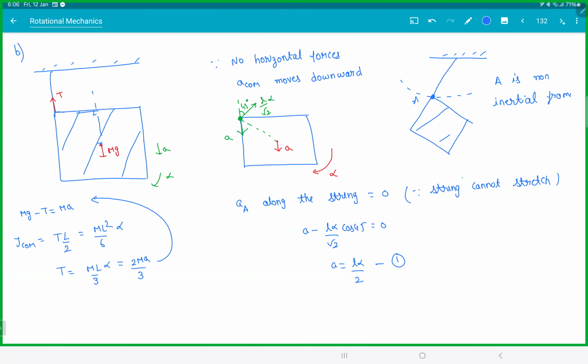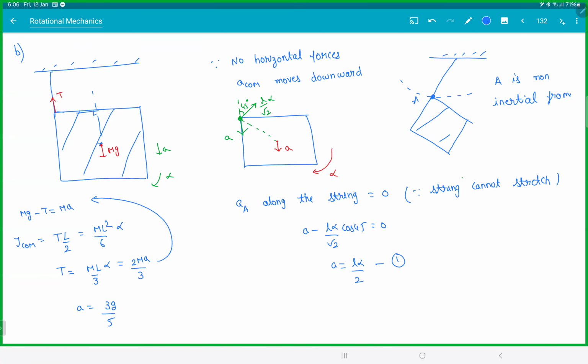Let's take this and substitute here. So A would be 3g by 5. Check. And take, I goofed up. 2ma by, something is messed up, right? We did a mess up.